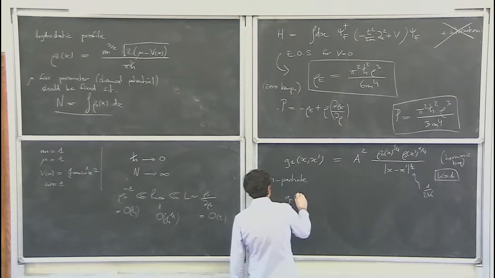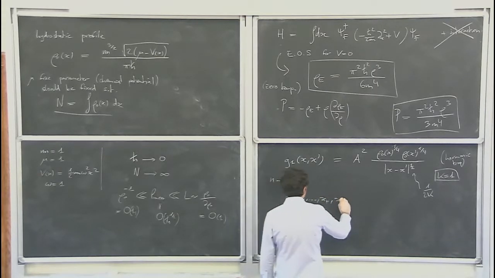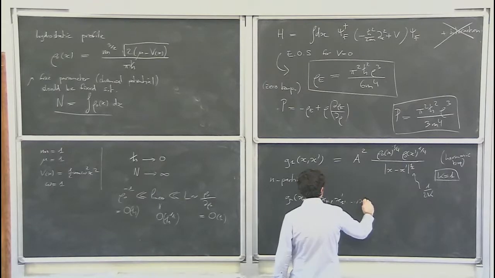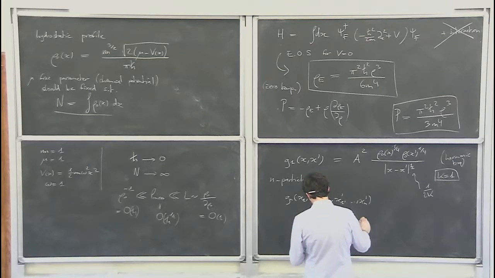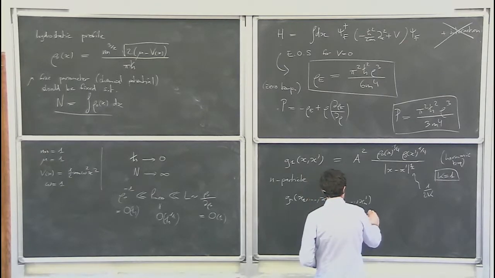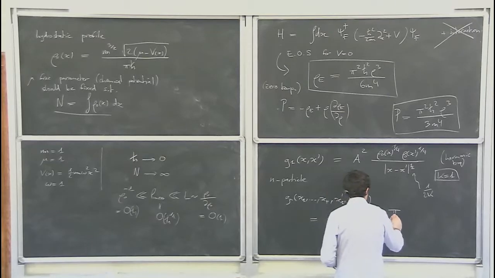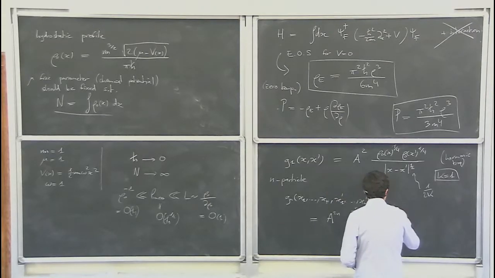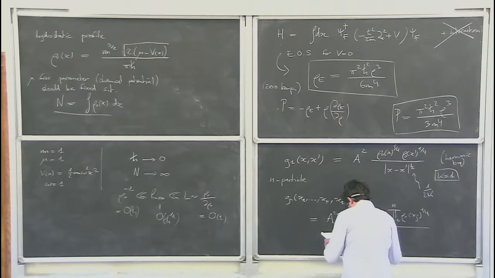And the generalization is very simple. So let me just write it. It looks like this in the end. So it's a product over j from 1 to n of rho 0 of xj to the 1/4, divided by something.